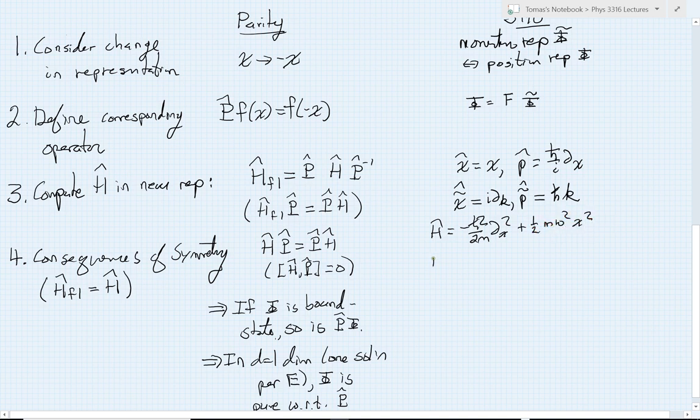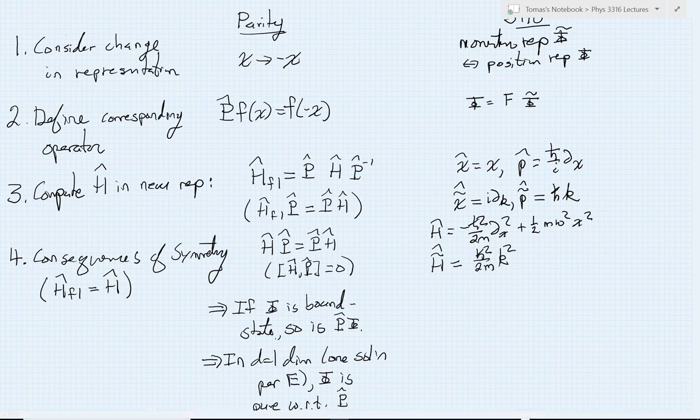If I compute that in the momentum representation, the first term is p squared on 2m. p is h bar k, so I get h bar squared k squared divided by 2m, or h bar squared divided by 2m times k squared. That's the momentum part, the kinetic energy part.